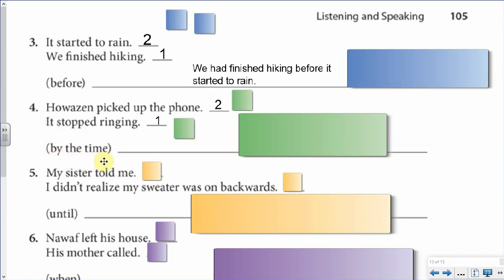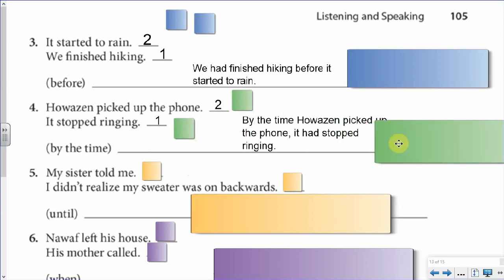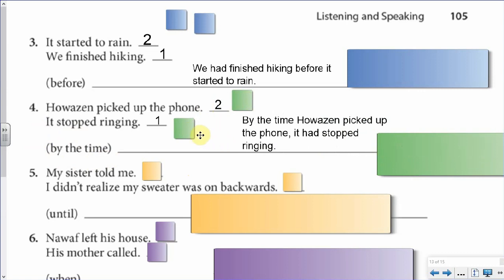So if we start with by the time, how would the rest of the sentence conclude? Can you say that for me? By the time how as in picked up the phone, it had stopped ringing. So although we have it had stopped ringing here second, it was the first action.